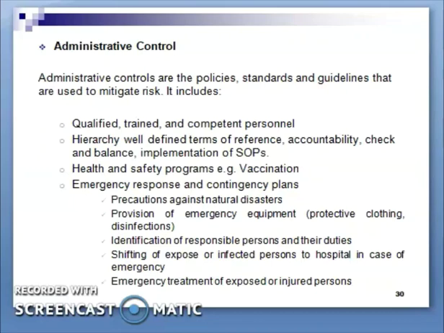These include precautions against natural disasters, provision of emergency equipment, for example, protective clothing, disinfectants, identification of responsible persons and their duties during the emergency times, shifting of exposed or infected persons to hospital in case of emergency, and emergency treatment of exposed or injured persons. So these are the points in the administrative controls.